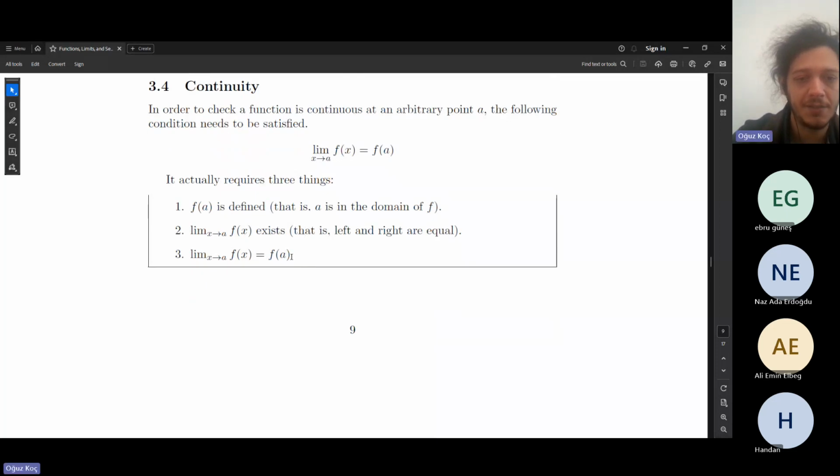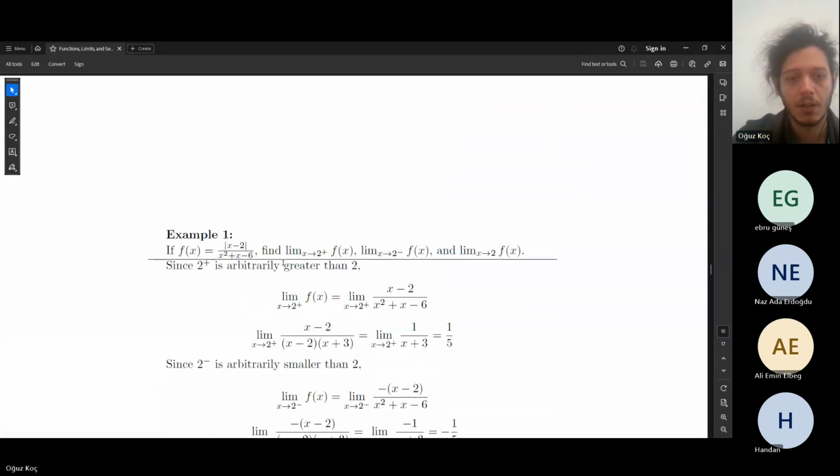And finally, the limit of f at x equal to a has to be equal to f(a). When these three conditions are satisfied, we say that the function is continuous at a.